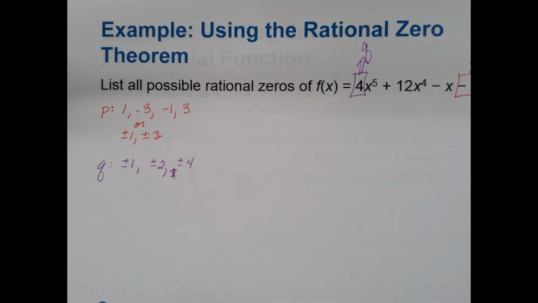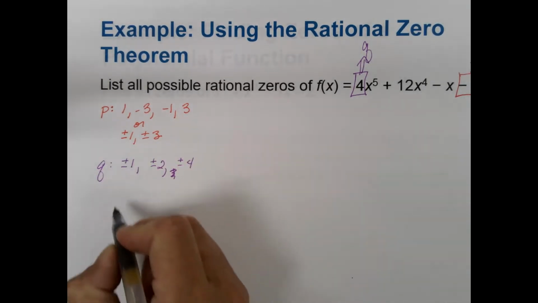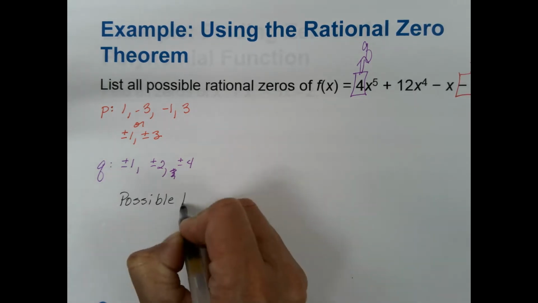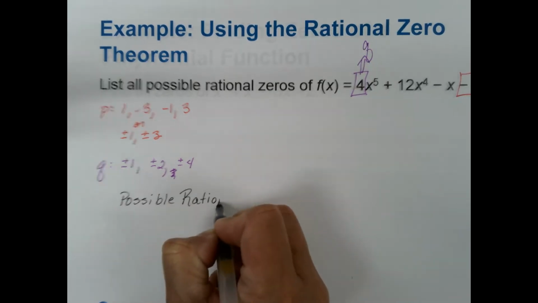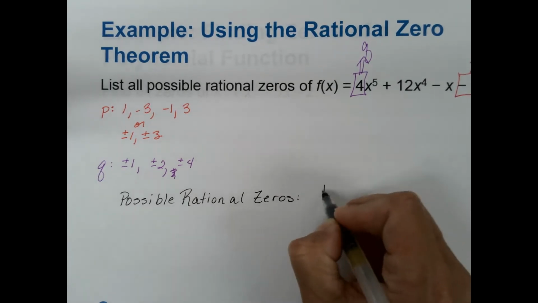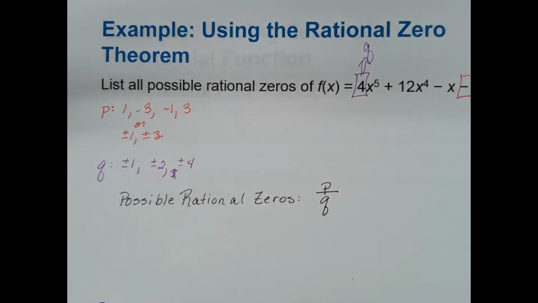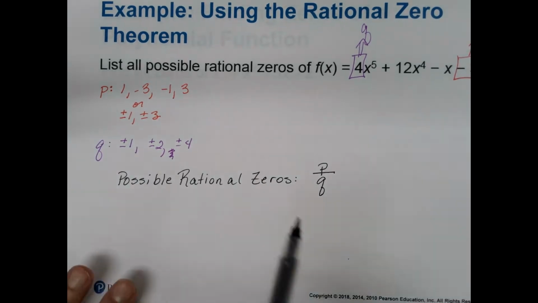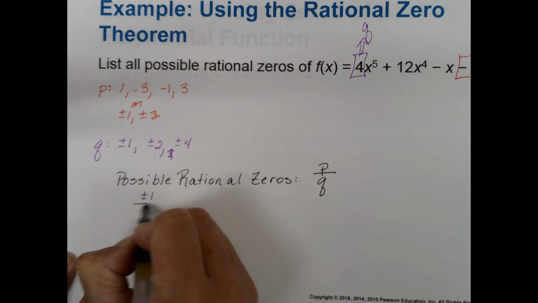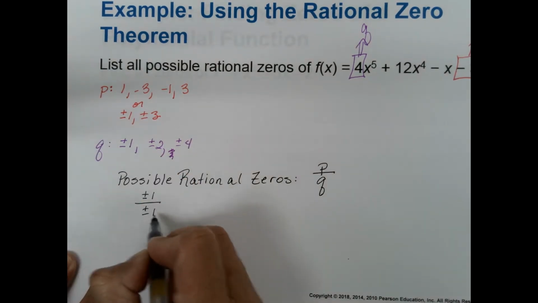So now all we do is take every P and put it over every Q. So possible rational zeros say to take every P and put it over every Q. So let's start with plus or minus 1, and it can go over plus or minus 1.